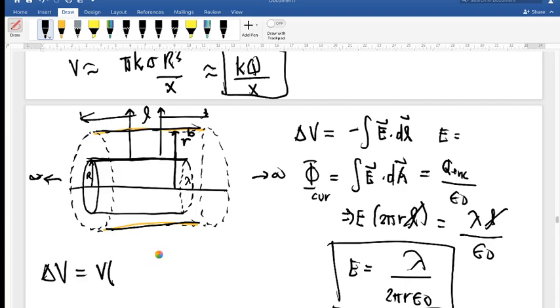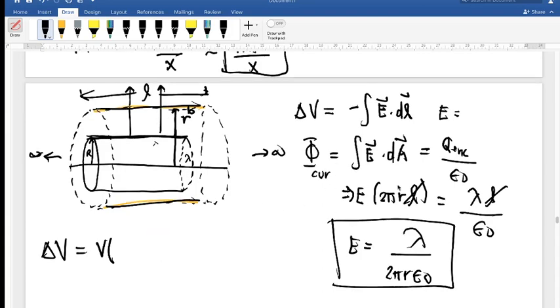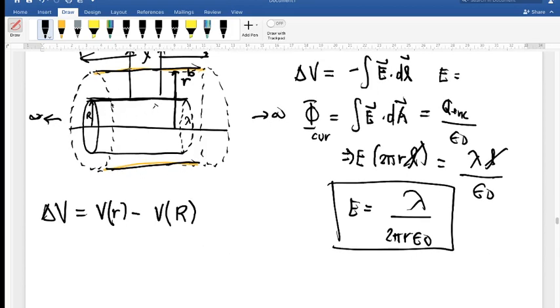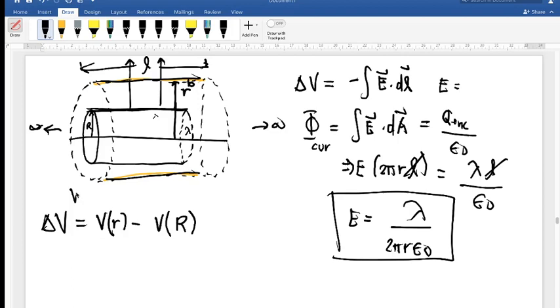Okay, so these flux things are just a review of your Gauss's law from last time. So that is the potential at point B, so that is at point R minus the potential at point say R. Okay, so at the surface, we can actually put the reference point equal to 0 at the surface.